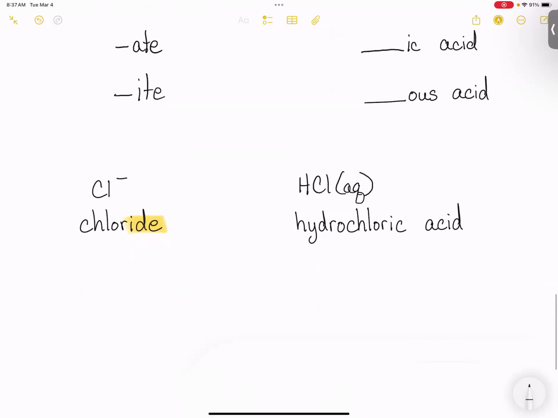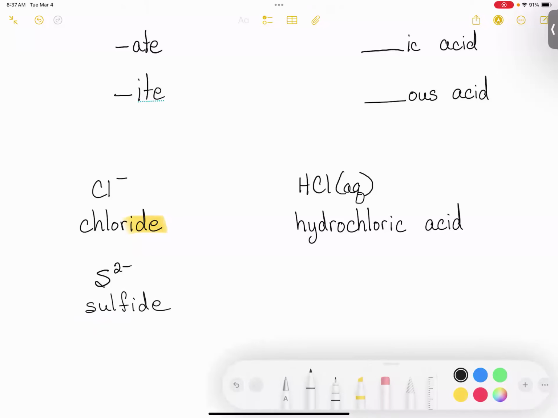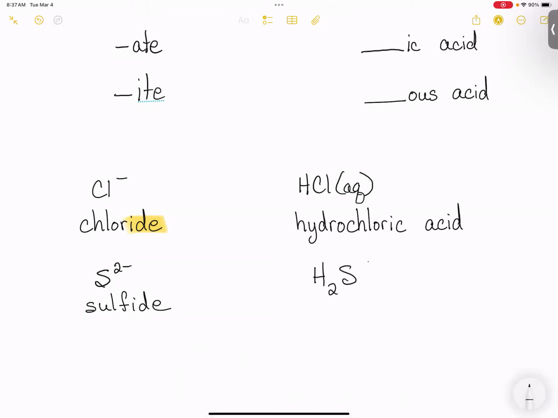If the anion is sulfide, then the acid, number one, would have two hydrogens and an aqueous.